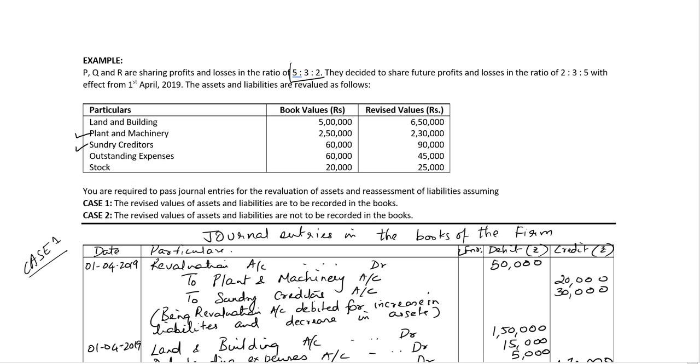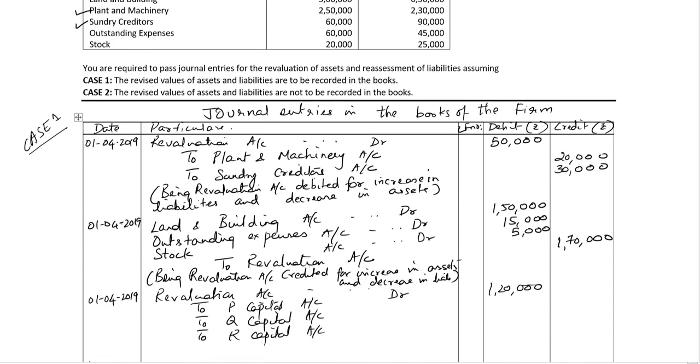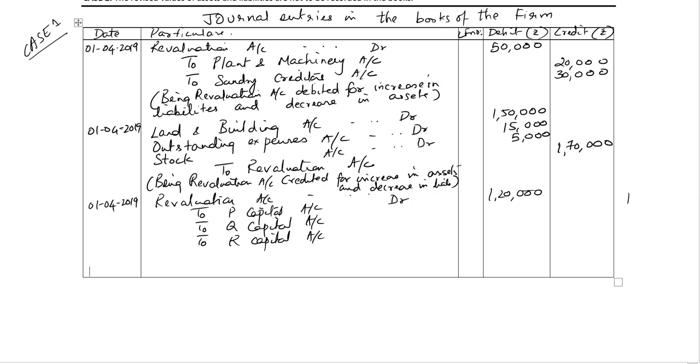The old profit sharing ratio is 5:3:2. So this has to be distributed 1,20,000 in the old profit sharing ratio, which is 5:3:2.